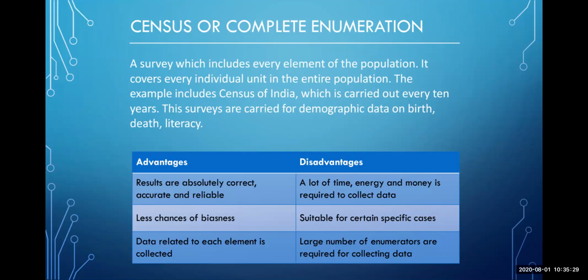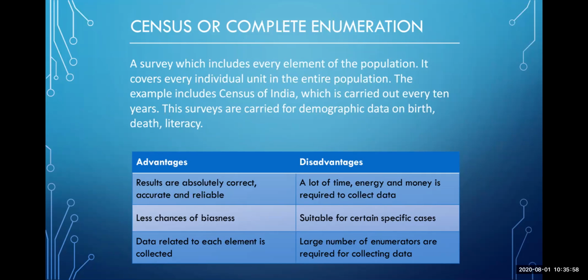For example, the census of India is carried out every 10 years, and this survey is carried out for demographic data on birth rate, death rate, the literacy ratio, and the population of the country. So the main advantage of this census is that the results are absolutely correct, accurate, and reliable because these are first-hand information.